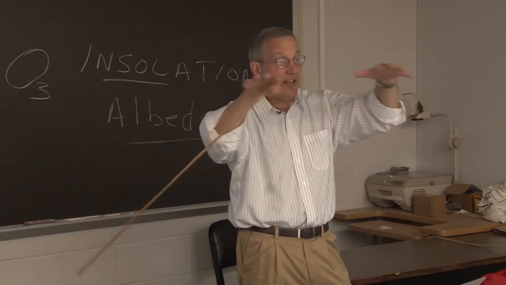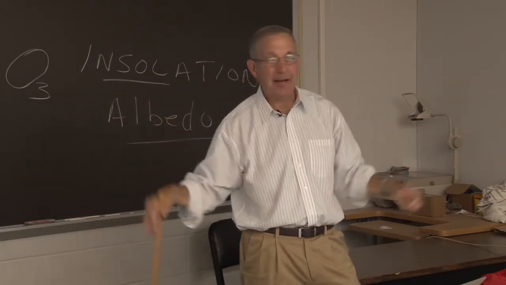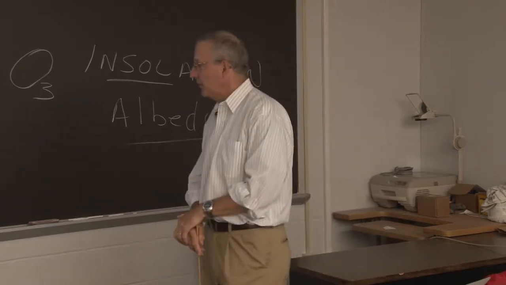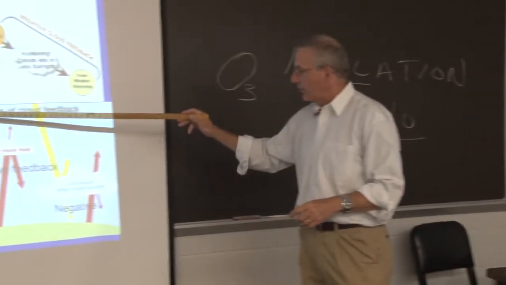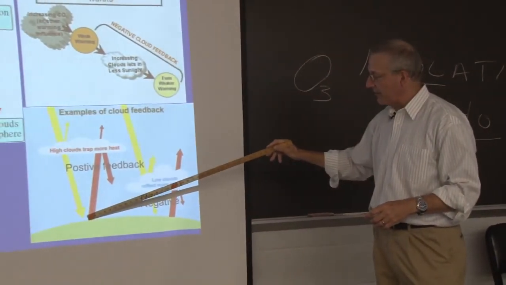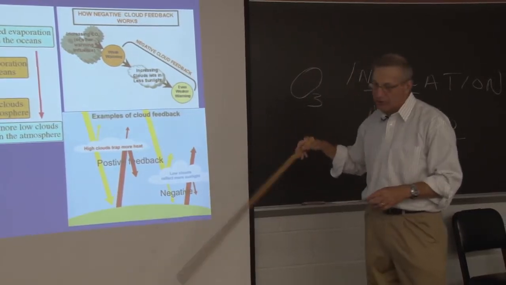If you have high clouds, it acts as a blanket, okay? And basically, high clouds will give you a positive feedback. High clouds, so incoming radiation generates evaporation, precipitation that goes into high clouds, which tend to trap more heat.